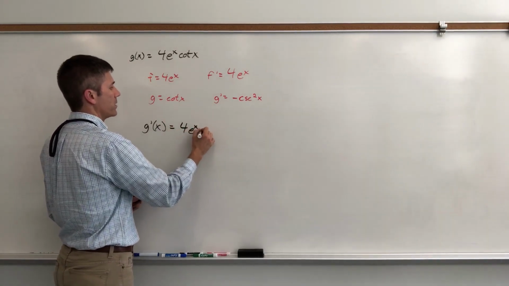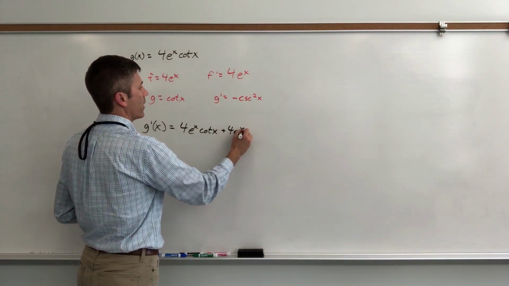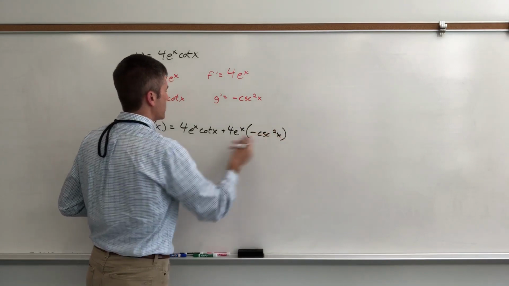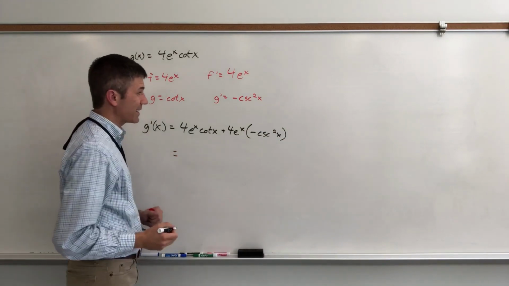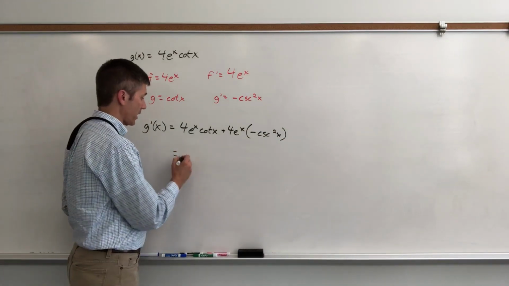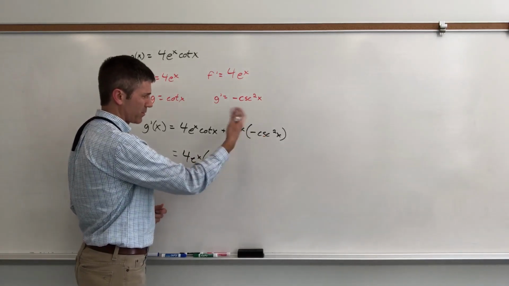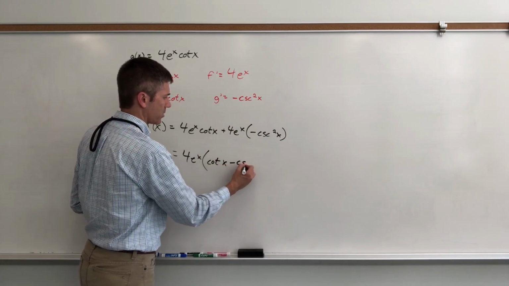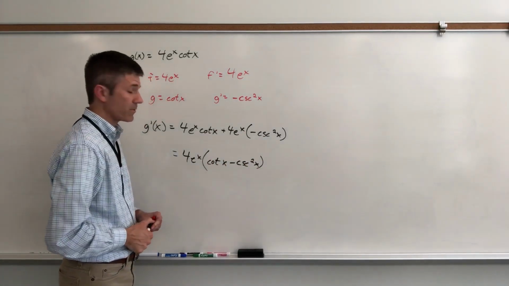F prime g plus f g prime. Totally correct. I'm happy. You're happy. Let's keep going though. I notice an e to the x, 4e to the x actually, that cancels out. So 4e to the x. And let's clean up the fact that this negative's floating in the middle of the term. That's just awkward. So cotangent of x minus cosecant squared of x. And there we go. That's what we have. And that finishes that problem.